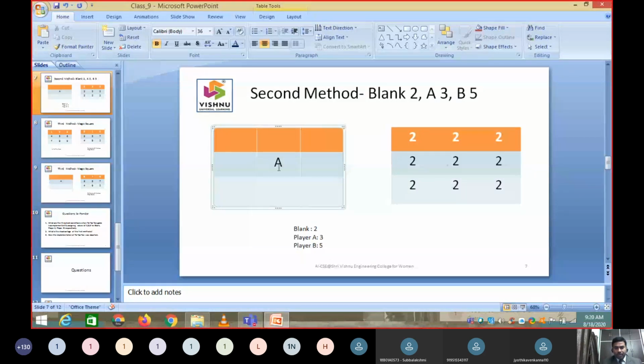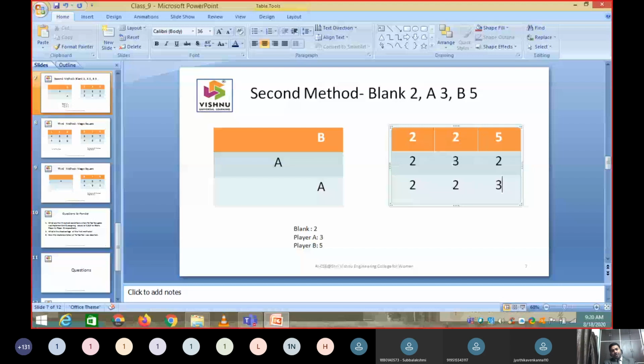Once A has played, A's value is 3, so I have kept this 3 here, and assume that B has played here, and B's value is kept as 5 here. And the next step has to be moved by A, so A will be here. A's value, you said, is 3, so 3 will be here. So 3 steps are completed.